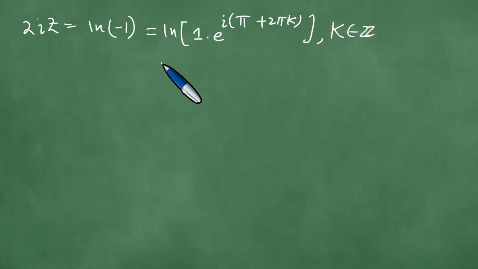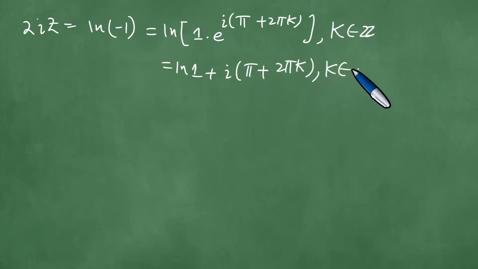So this one is ln 1 plus i times pi plus 2 pi k, like this, k in z.